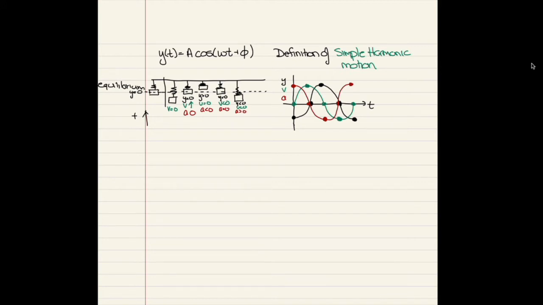So we define a kind of motion. There's many kinds of motion that can be repetitive, but might not look like nice sinusoidal sorts of motion. And so we can define a motion, call it simple harmonic motion, when it takes a particular form.